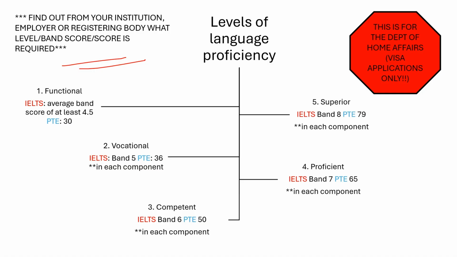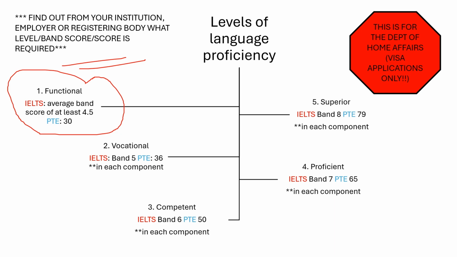But for visa purposes, the Department of Home Affairs recognizes these 5 levels. Okay? The first level is functional. Functional means you can go into a shop and you can ask for bread, pay for the bread, and leave. Okay? It's an IELTS average band of at least 4.5 and a PTE score of 30.